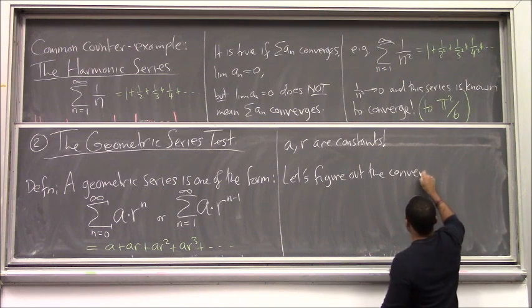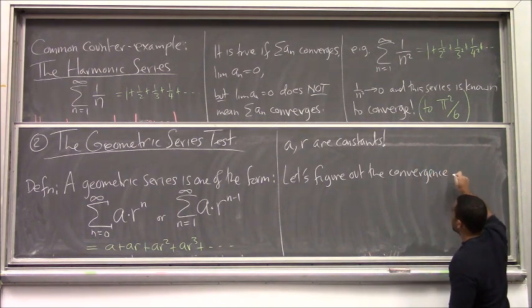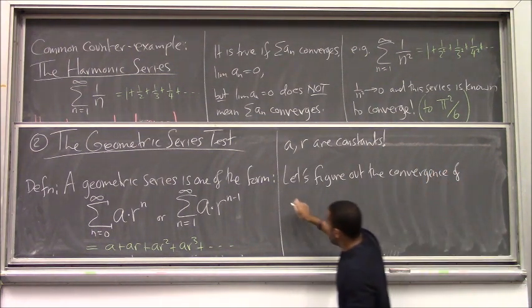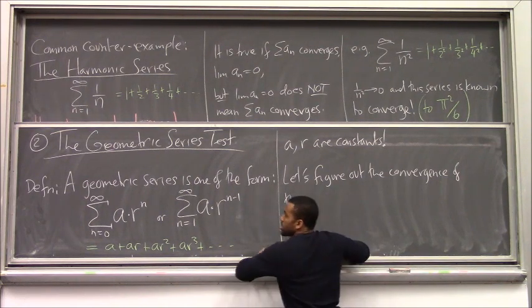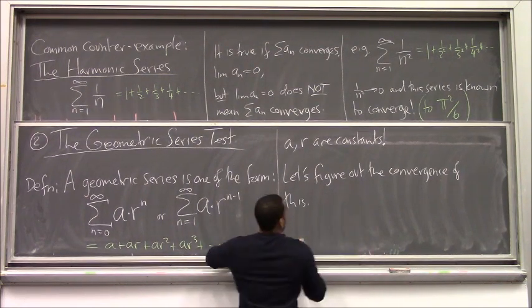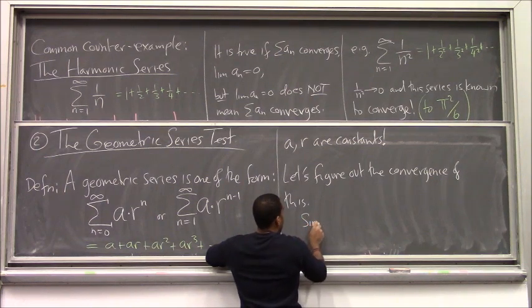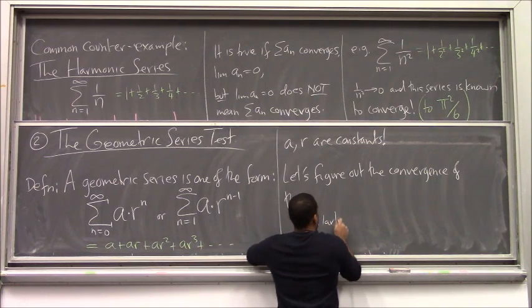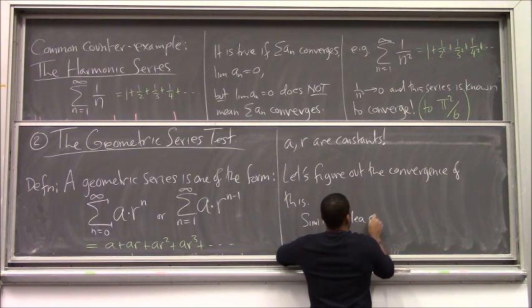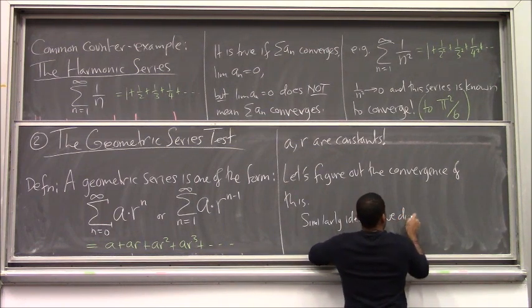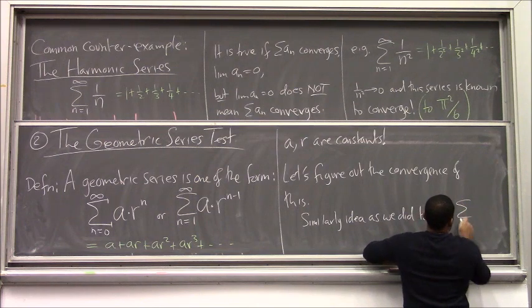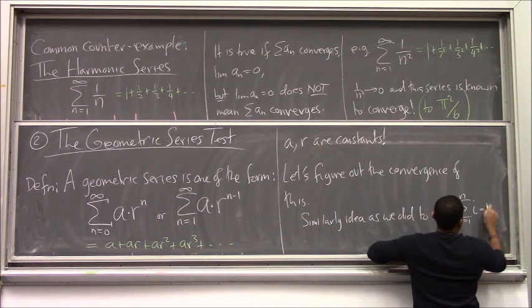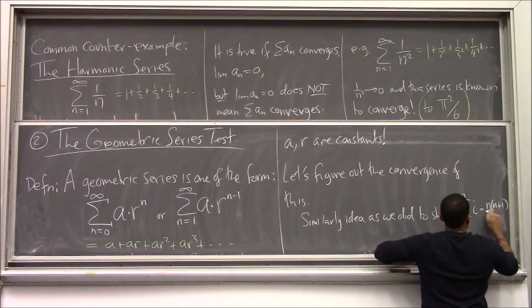So this is a nice one because the proof of when it converges is not too difficult. In fact, it's the same proof that we used, so we use a similar idea as we did to show the sum of the first n integers is n times n plus 1 over 2.